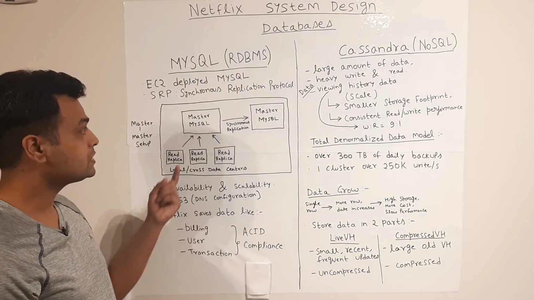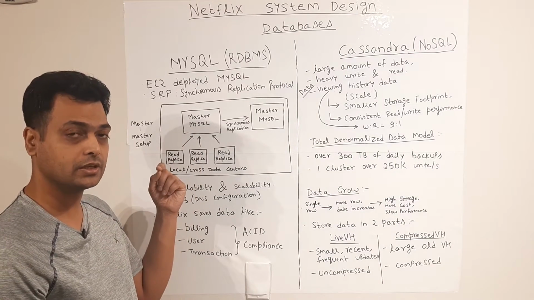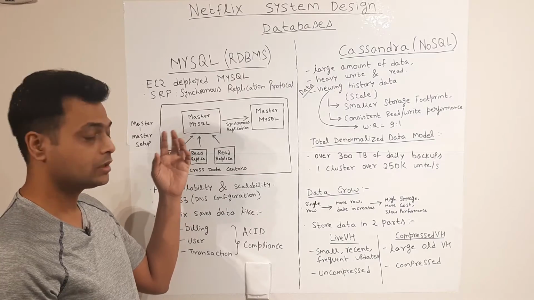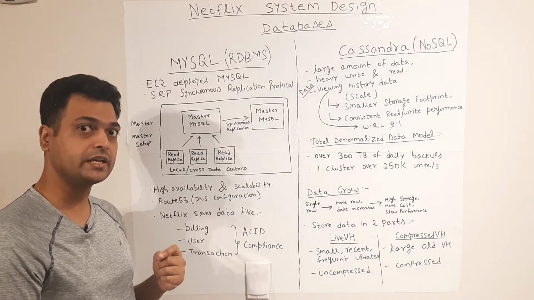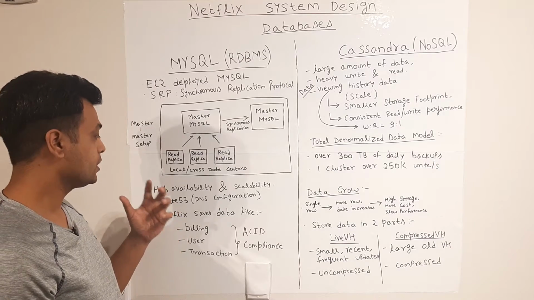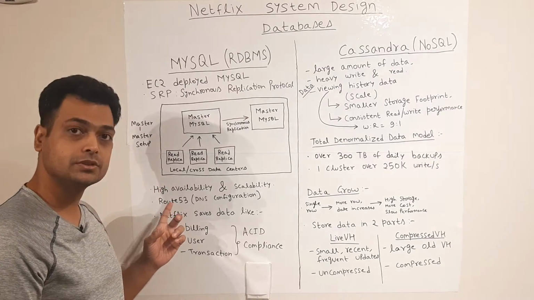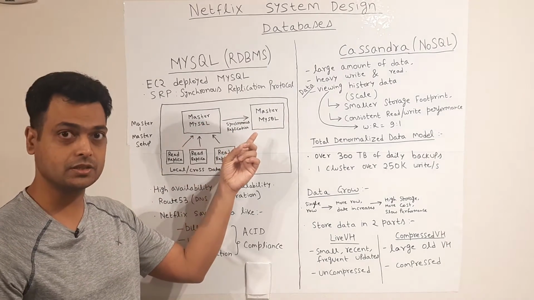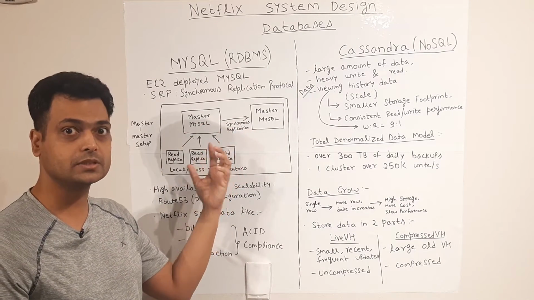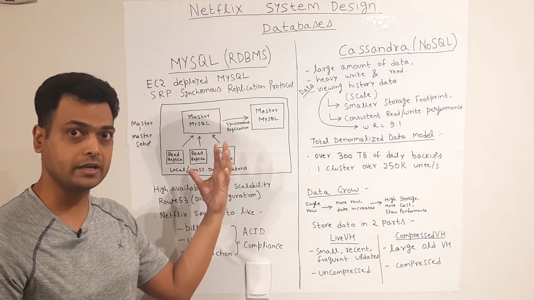Now, what happens when a master node fails? In that case, Netflix uses Route 53 DNS configuration so that the replica master node becomes the primary node automatically.